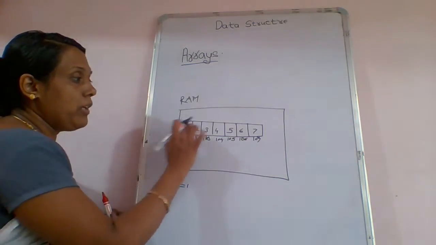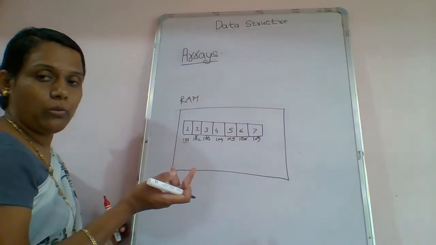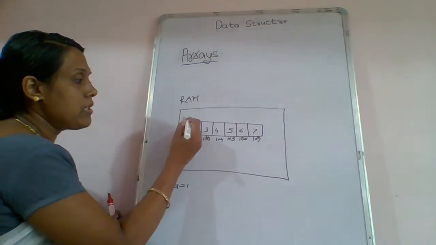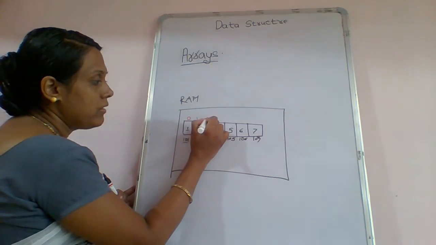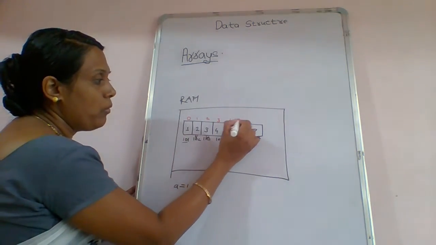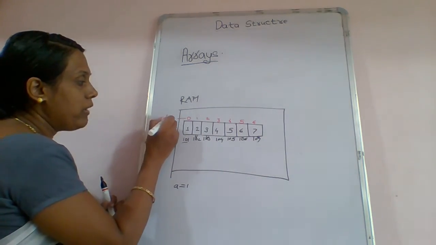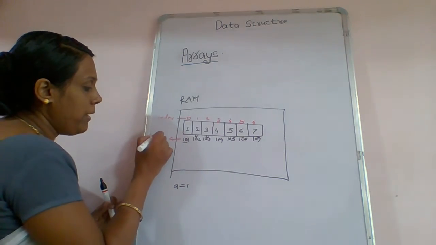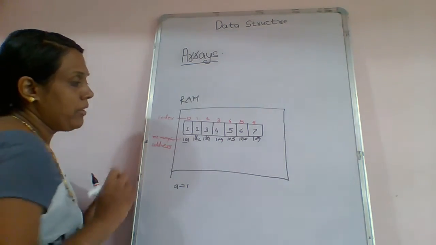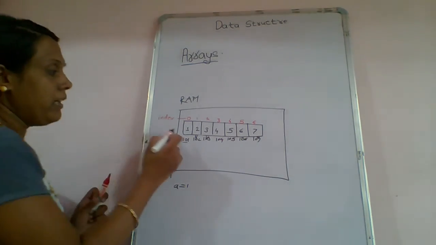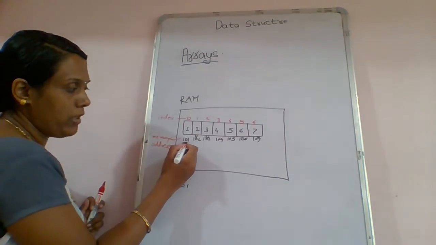Now we can give an index to the elements of the array. These values 1 to 7 are also called the data values or elements of the array. So 1 is located at index 0, 2 at index 1, then 3 at index 2, then 3, 4, 5 and 6. This is called the index value of the array, and the other is the memory address of the array. So we can say the array has the value 1 at index 0, located at 101.